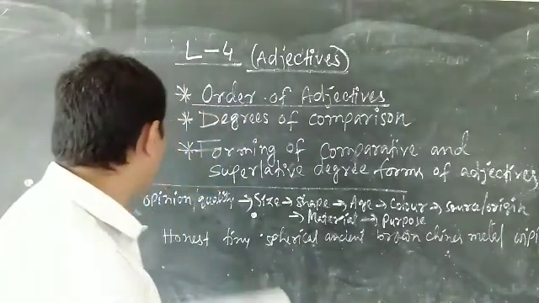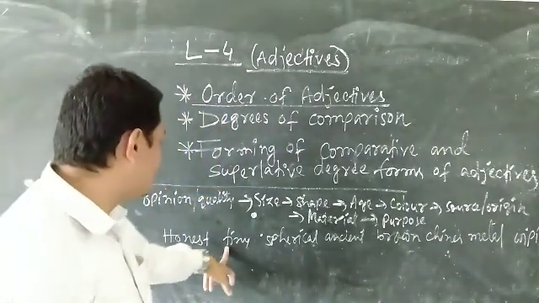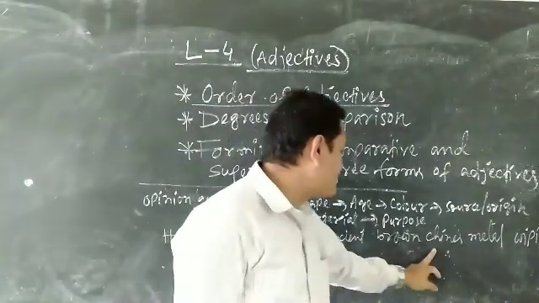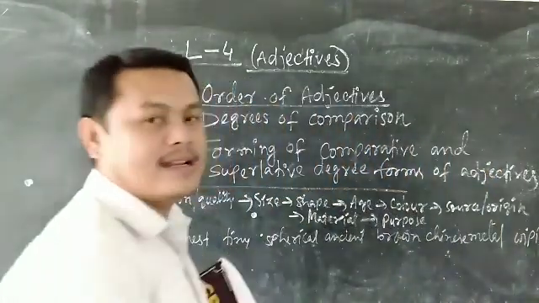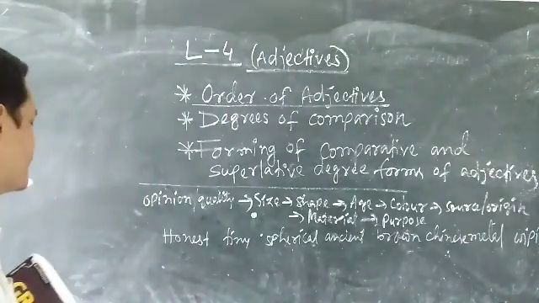We can see this. Honest is an adjective, tiny also, spherical also, ancient, brown, Chinese, metal, wiping. These are all adjectives. Now just see the uses.